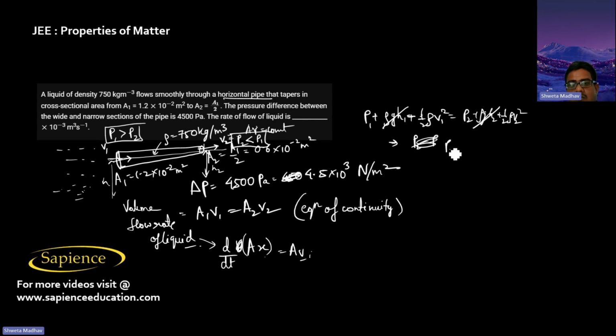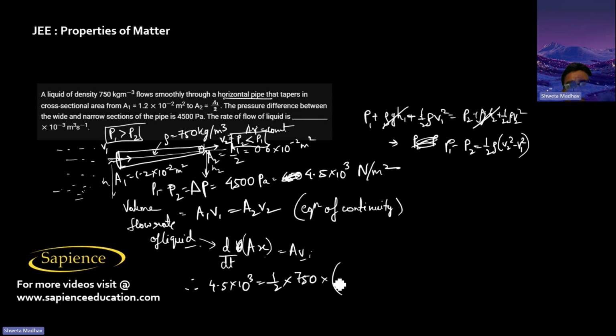So I can say P1 minus P2 will be equal to half rho into (V2 square minus V1 square). This P1 minus P2 value is given as the pressure difference between the wide and the narrow sections, which is 4.5 into 10 power 3. Therefore, I can say 4.5 into 10 power 3 is equal to half into rho, where rho is the density, which is 750, into V2 square.